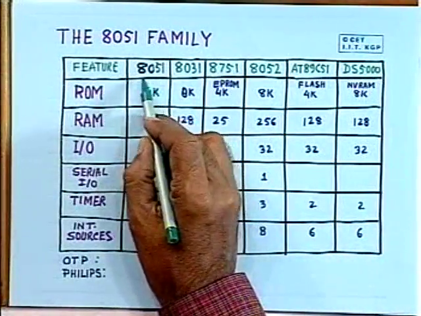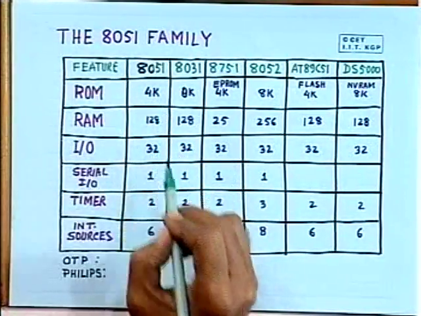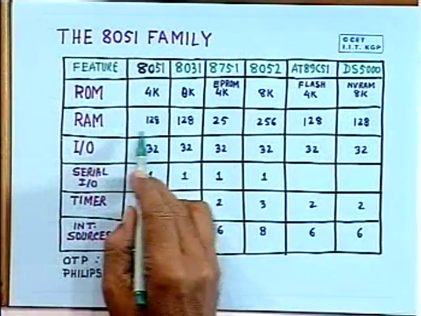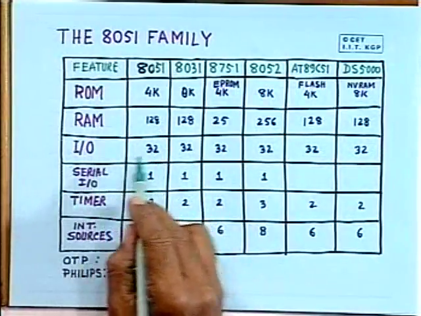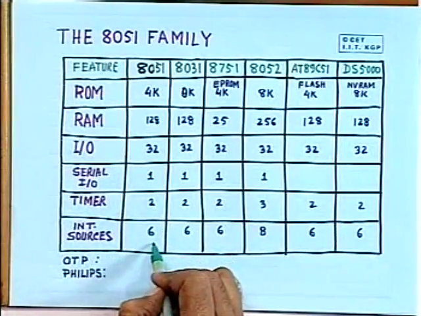The original one, the Intel 8051, has got 4 kilobytes of ROM, as you have seen, program memory, 128 bytes of RAM, 32 IO lines, one serial port, 2 timers, and 6 interrupt lines, including the reset.